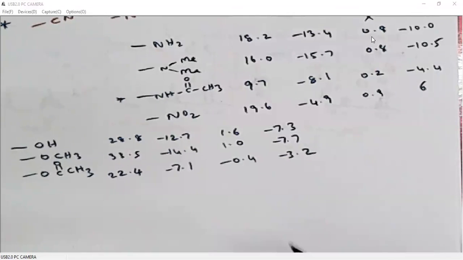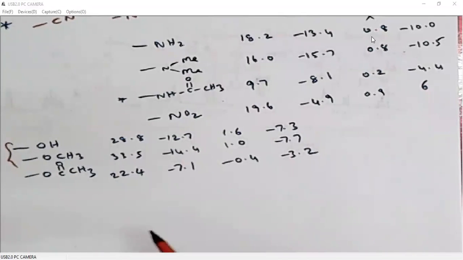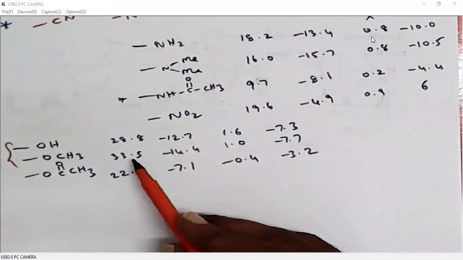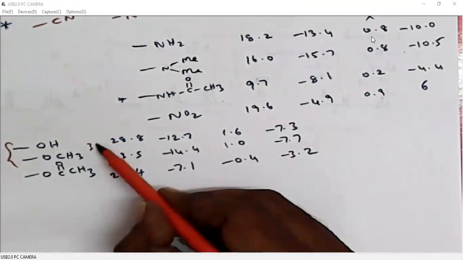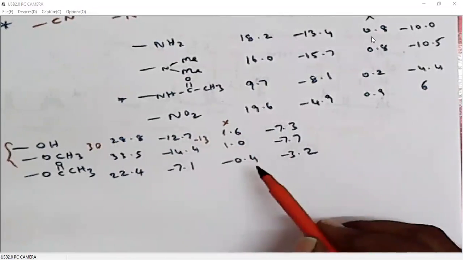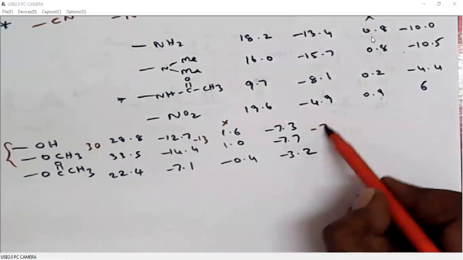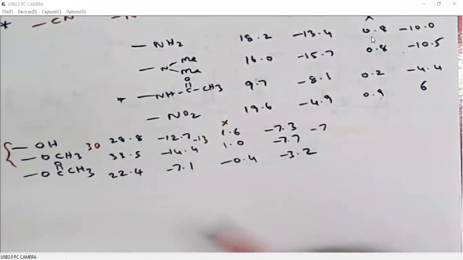The shortcut is that you remember only these two. OH or OCH, it is 30, minus 13. Just ignore the meta. It is minus 7. So 30, minus 13, minus 7.